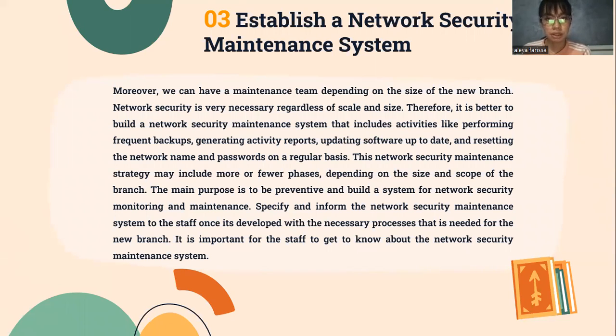Therefore, it's better to build a network security maintenance system that includes activity like programming, frequent backup, generating activity report, keeping software up to date, and resetting strategy, which may include more depending on the size and scope of the branch. The main purpose is to be preventive and build a system for network security, monitoring, and maintenance.